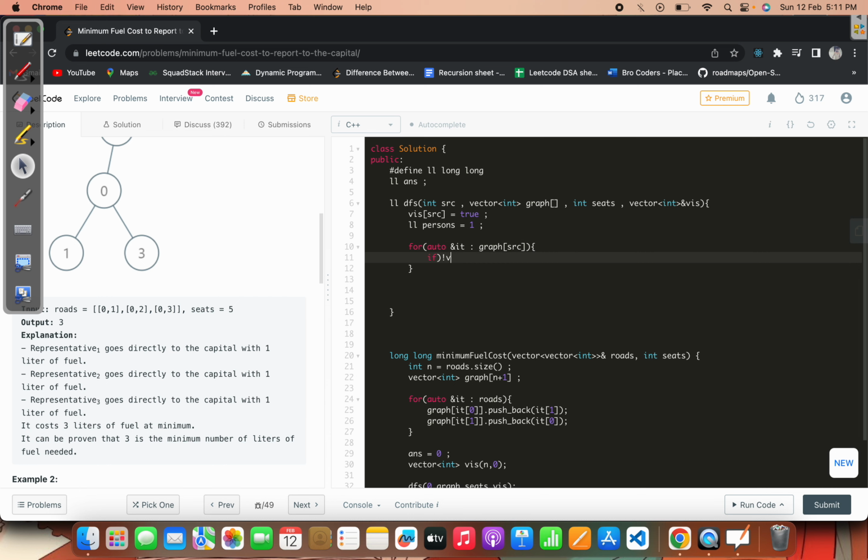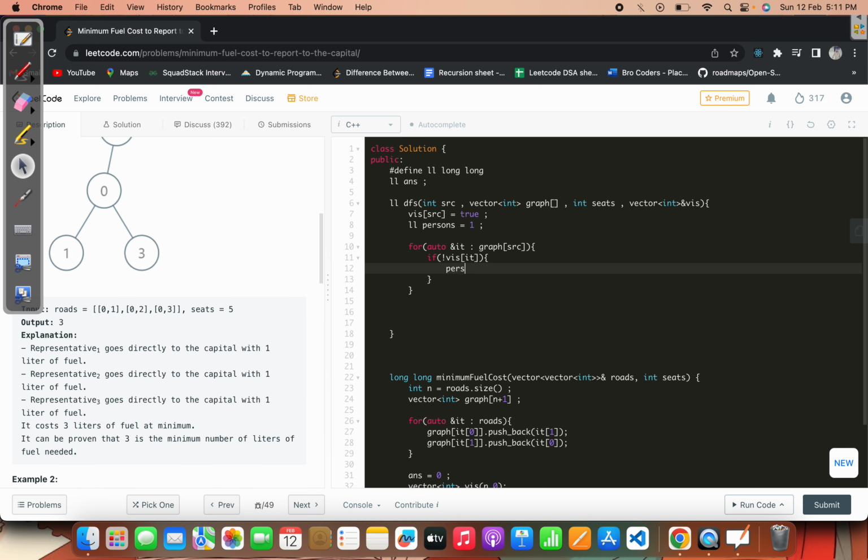And if it's not visited, we can call a DFS, and our DFS will return the number of the persons.